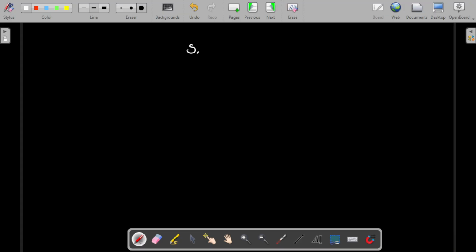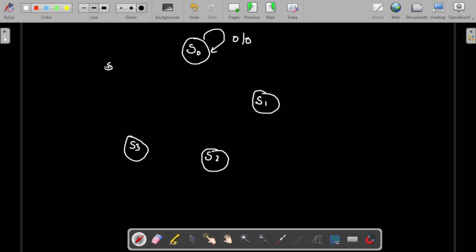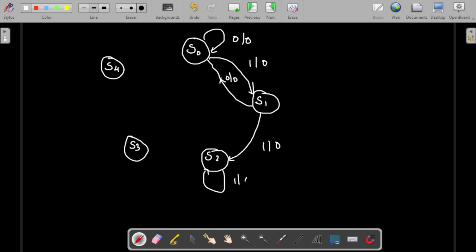Initially it is in S0. It stays in the same state if the input is 0, and the output will also be 0. It goes to S1 if the input is 1 and the output is 0. Let me draw all the states. From S1 it goes back to S0 if the input is 0, output 0, and goes to the next state when the input is 1, output 0. It stays in the same state if the input is 1 and the output is 0.